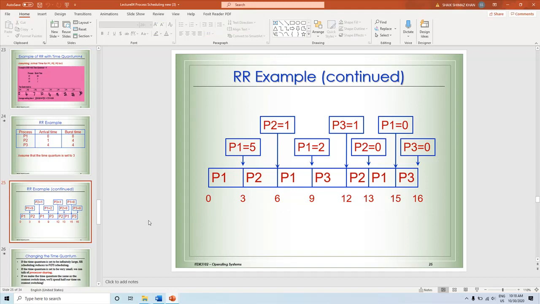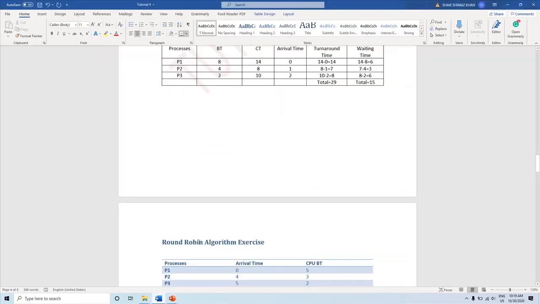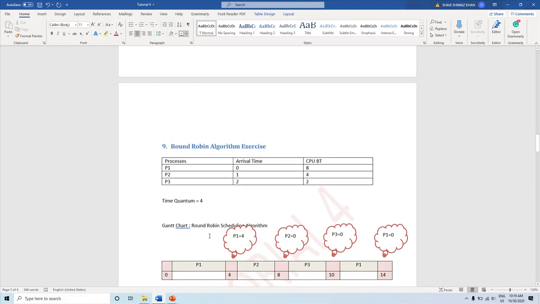Okay, so let us work out a tutorial problem now.